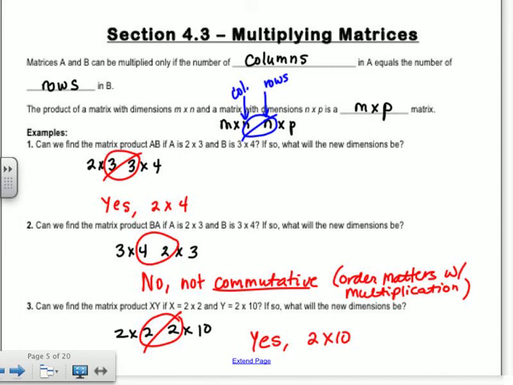All right, here's what you're going to do with multiplying matrices. So your left hand is going to go from left to right. And your right hand is going to go from top to bottom. Okay, so take your hands and move your left hand left to right, and then move your right hand top to bottom. And we're going to do them at the same time. So ready? So each time you go left to right, go top to bottom.